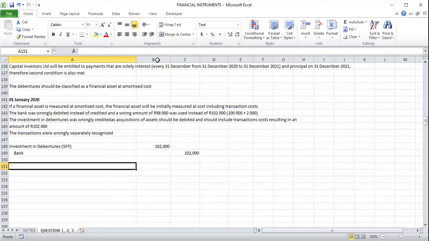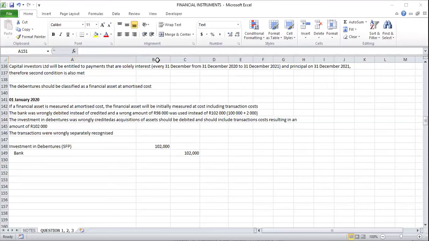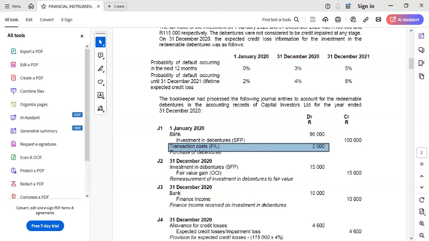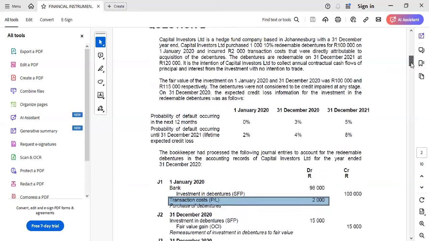Right. Then, according to IFRS, when you acquire these financial instruments, if credit risk has not increased since initial recognition, we shall recognize what we call day one credit losses.